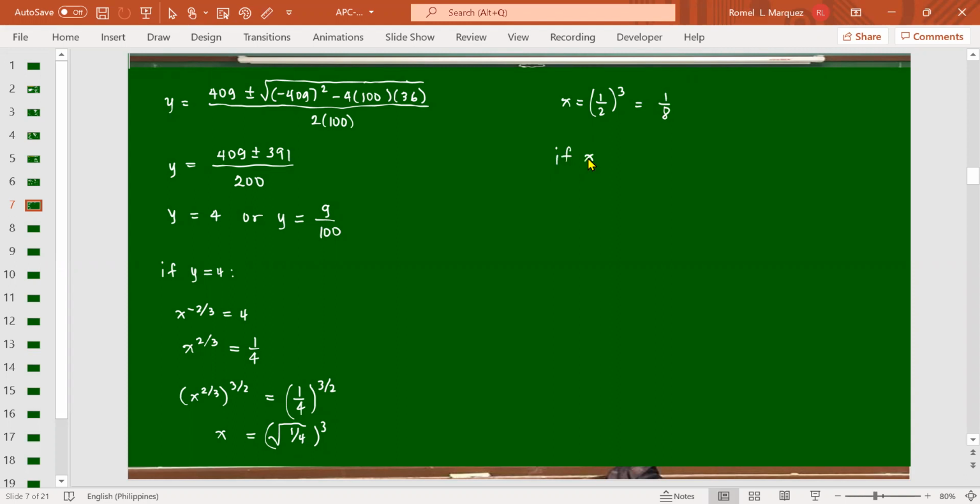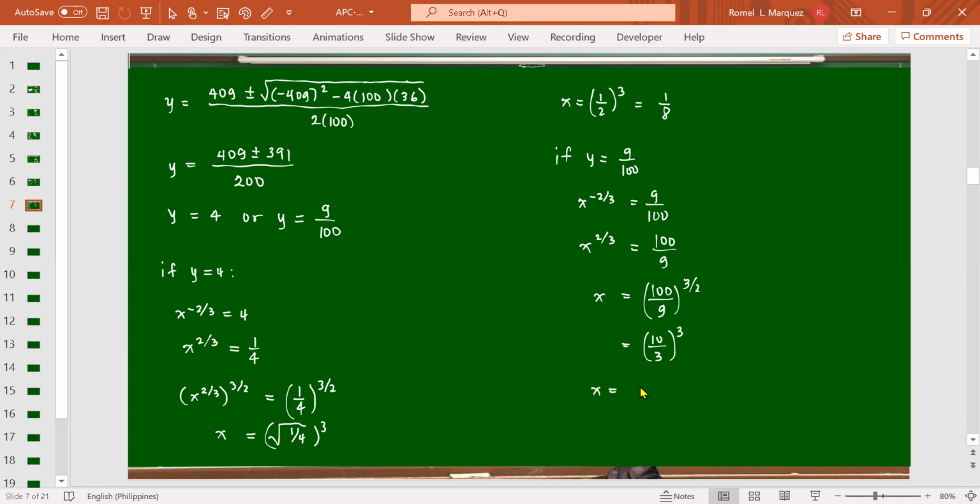If y is equal to 9 over 100, so what is x to the negative 2/3? That is 9 over 100. Reciprocal of each side, we have x to the 2/3, positive now the exponent, and that is equal to 100 over 9. So x is equal to, raise each side to 3 halves, no? 100 over 9 raised to 3 halves, meaning the square root of this is 10 over 3, then cube it.